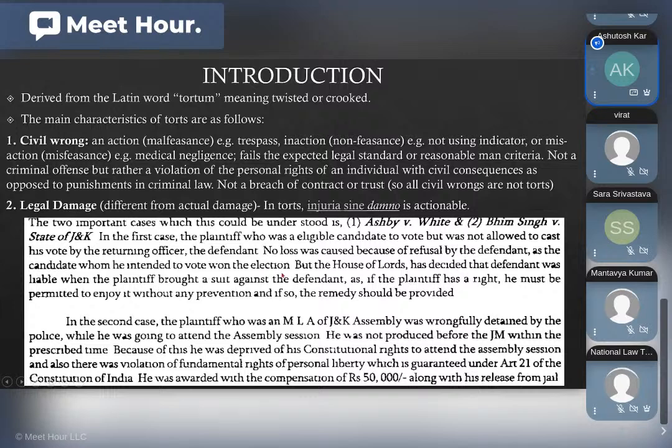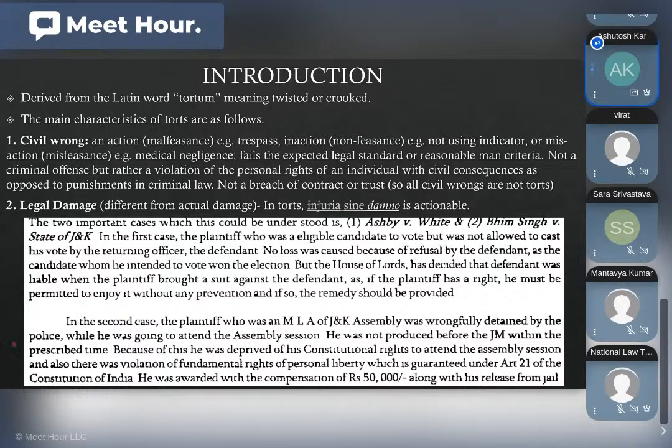So the candidate you wanted to vote for, but you were not able to because you were not allowed, that candidate has won. So here there is no actual loss, right? There is no damage here, without damage. However, the House of Lords in England decided that the defendant was liable when the plaintiff brought a suit against the defendant, as the plaintiff has a right.